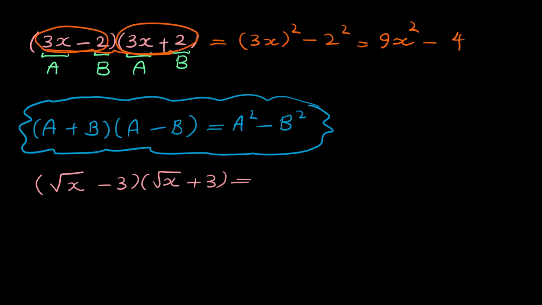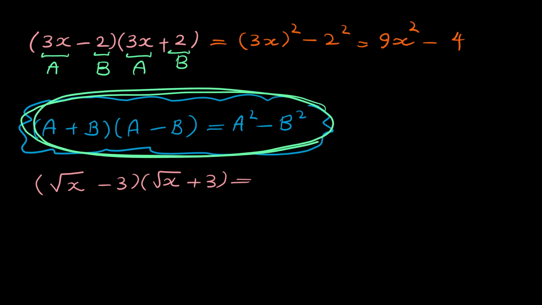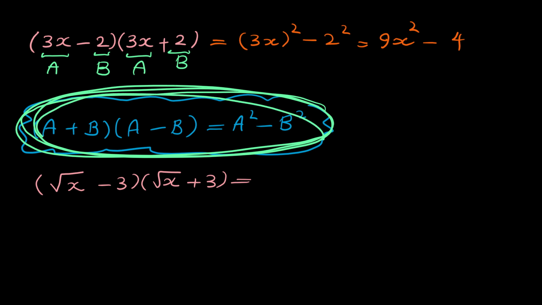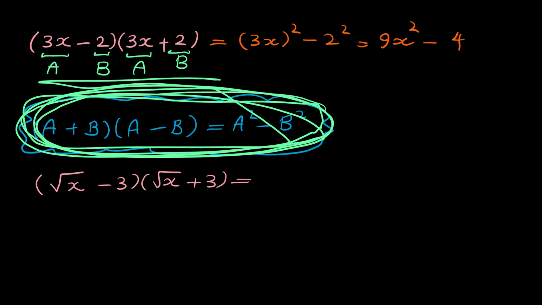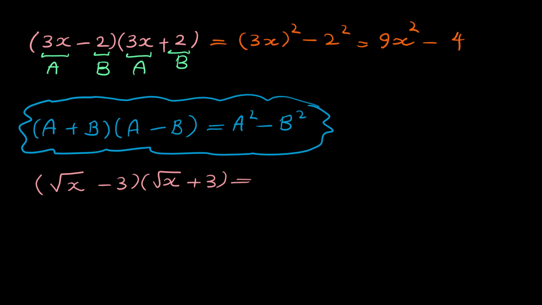So the thing that we learn from this identity is that this relation is very important. So memorize it, and then you can use this relation for doing questions like this. Look at the next example.